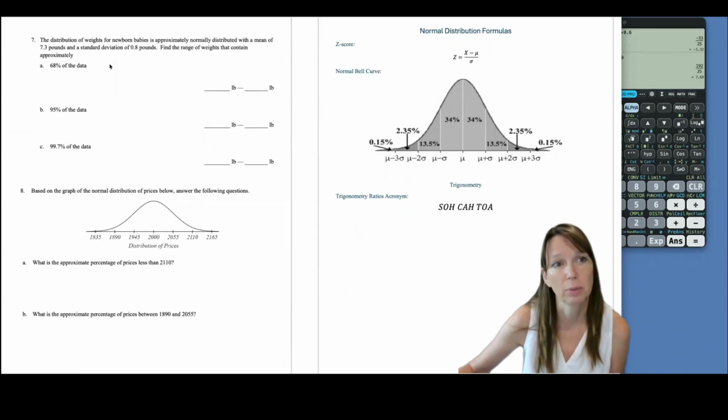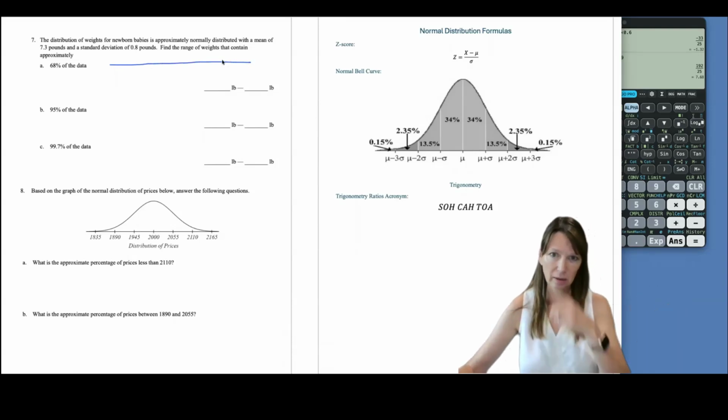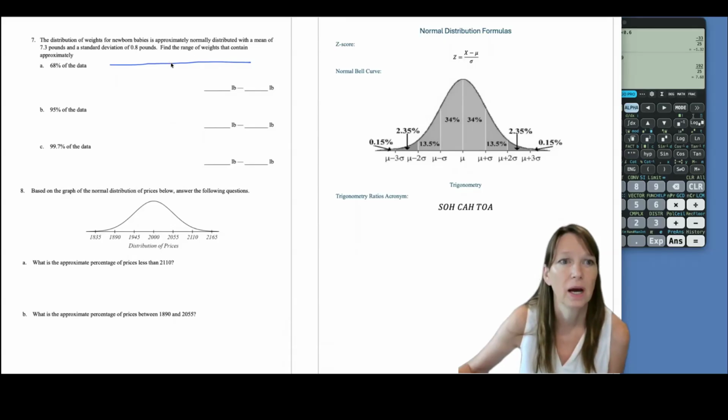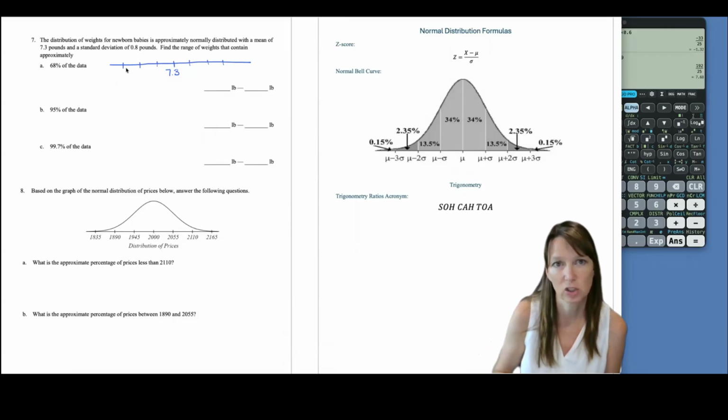So what I would personally do here is instead of drawing the bell curve, I'm going to just find the numbers along the bottom. So I'm going to start with the mean, which is 7.3. And then I'm going to go 1, 2, 3 standard deviations above and 1, 2, 3 standard deviations below.